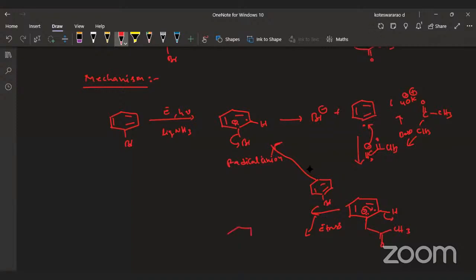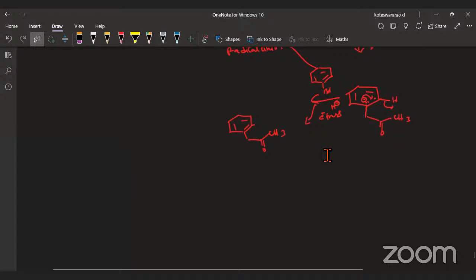Then finally the H minus will be released, and the keto product is generated.